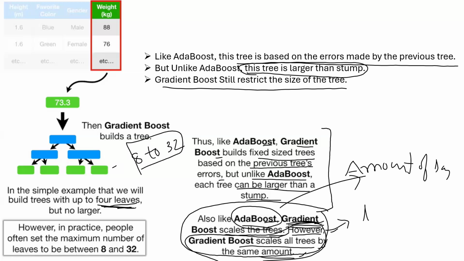So there is a restriction on the number of leaves in gradient boost. That is what you have to understand.